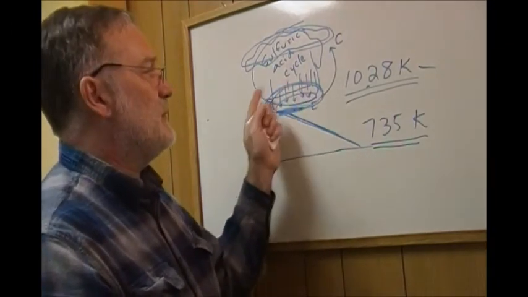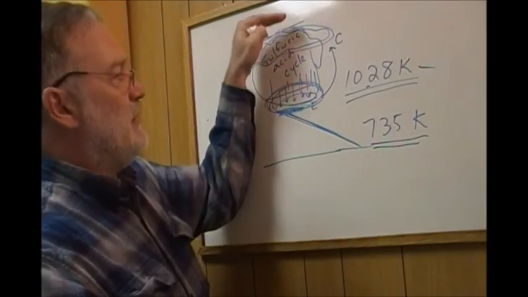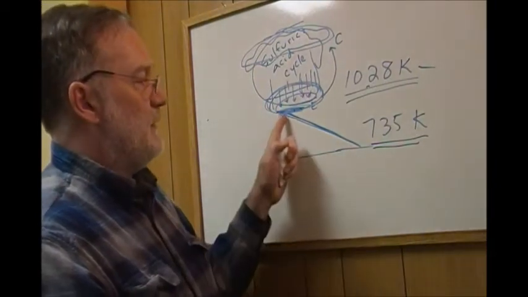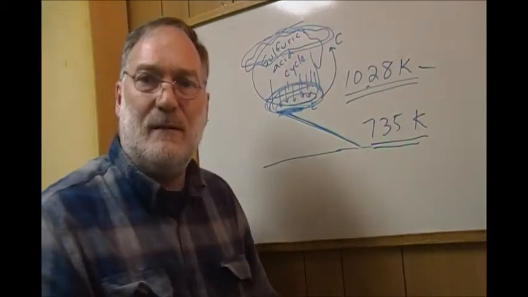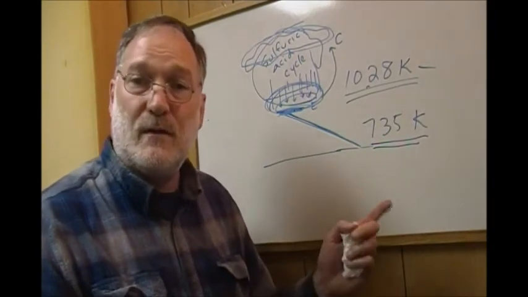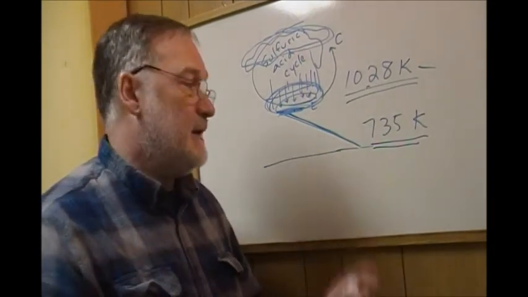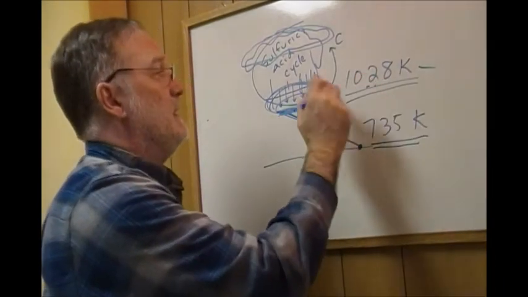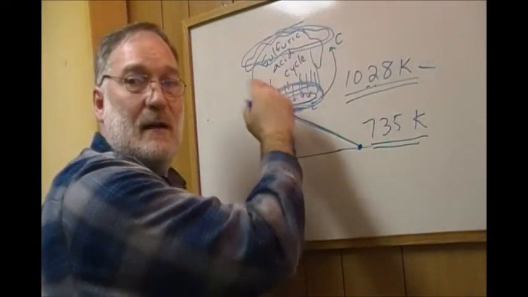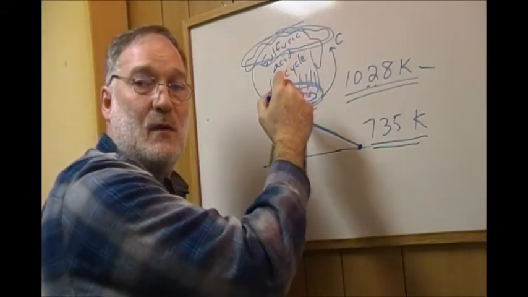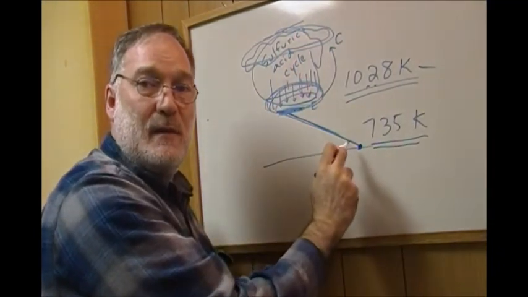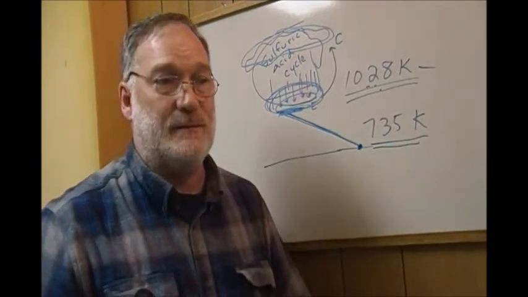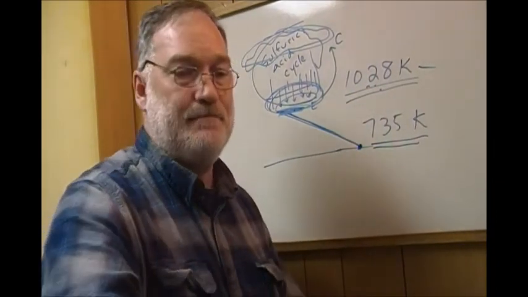This area is being cooled, the heat's being transported up, and as a result, from this point down to the surface, there's an adiabatic cooling or pressure-based temperature increase, but it's colder than this because of the cooling that's going on here. In other words, this area is being cooled, and that's causing the area below it to be colder than we would expect just from gravity and pressure. So that's the explanation for Venus.